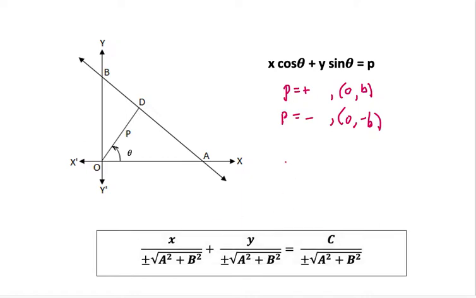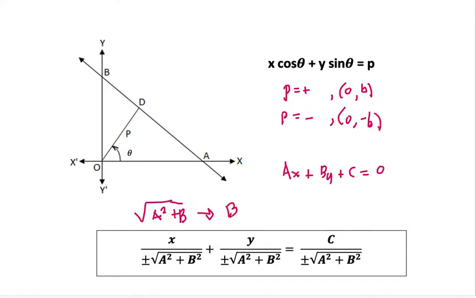Using the general form of the equation, ax plus by plus c equals 0, take note that we are going to use the positive square root of a squared plus b squared if the value of b is positive.